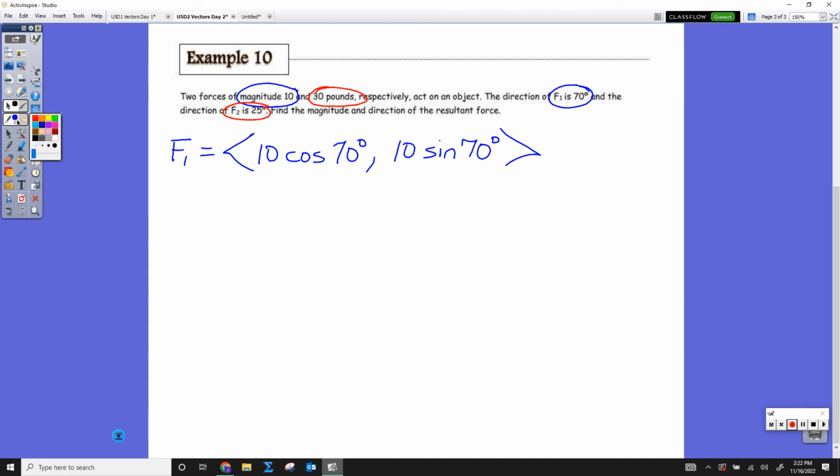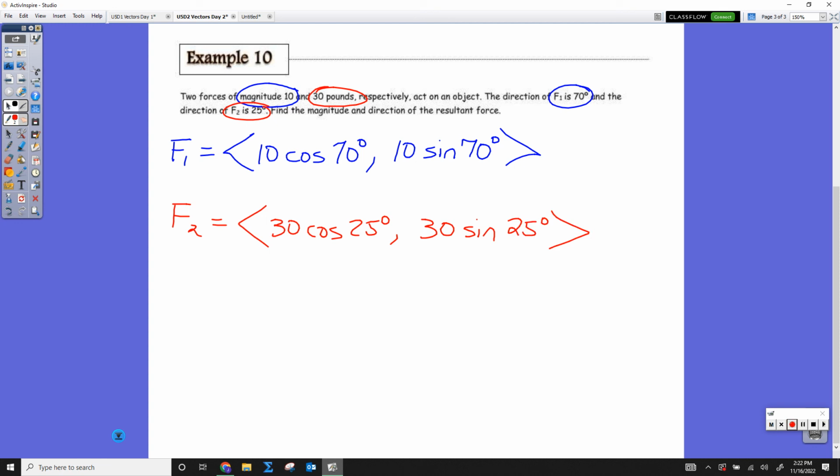Force 2: we have a magnitude, the 30 pounds is given to us, so 30 times cosine of 25 degrees, and then 30 times sine of 25 degrees. So now we have the component forms of our force 1 and force 2 vectors.